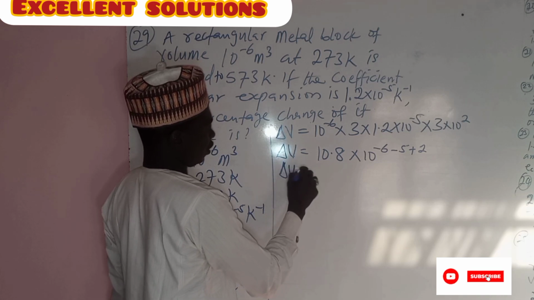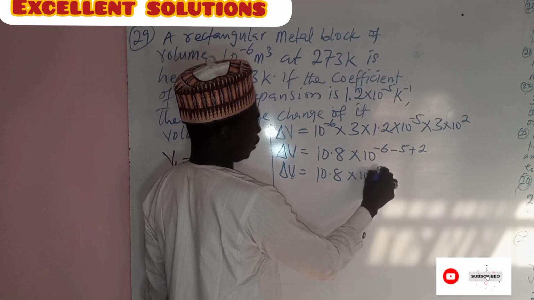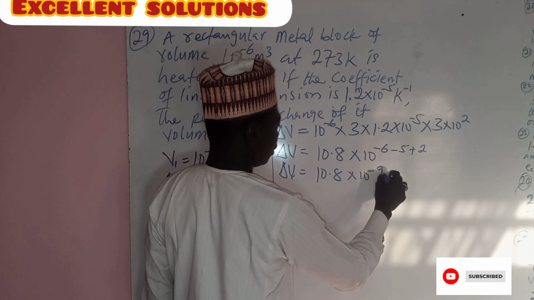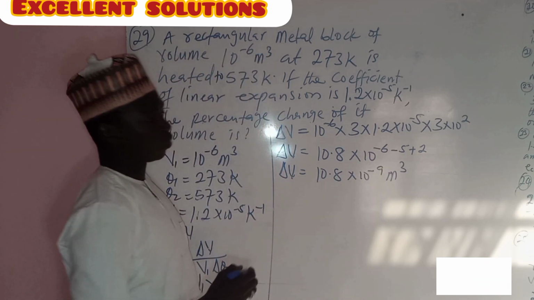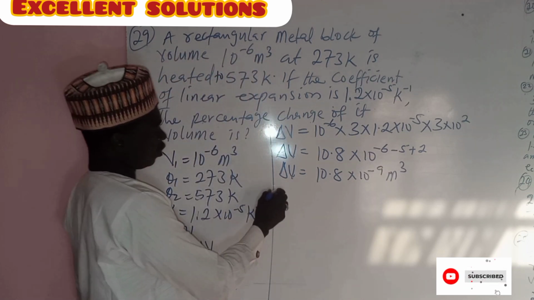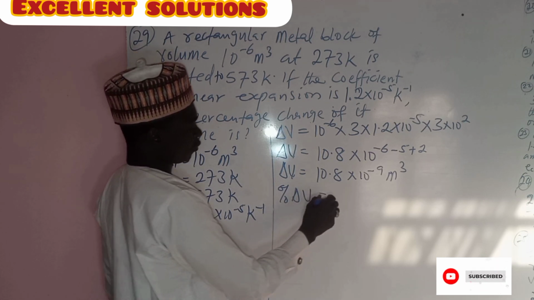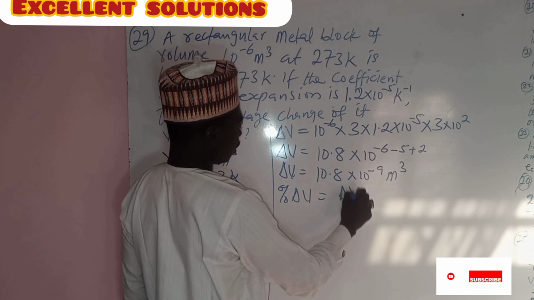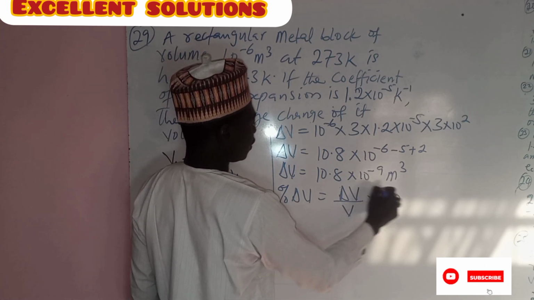So delta V equals 10.8 exponential minus 9 centimeter cube. This is the change in volume. So the percentage change in volume, percentage delta V is now equal to dV upon V times 100.